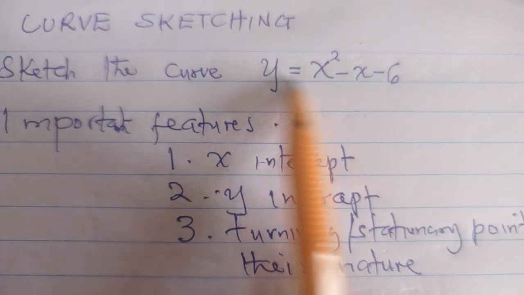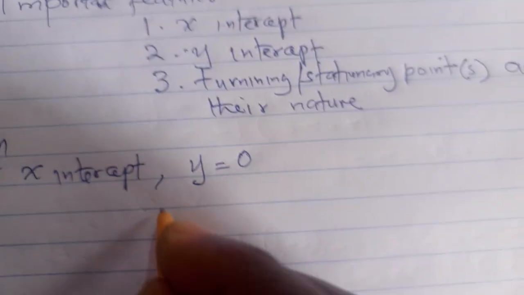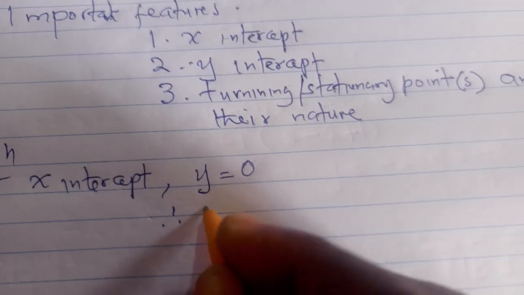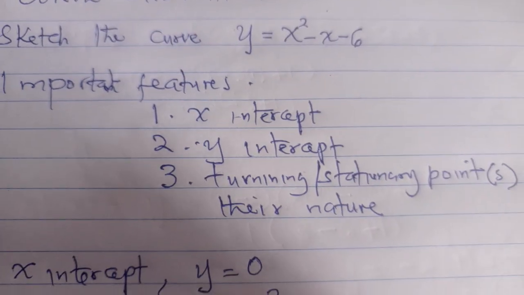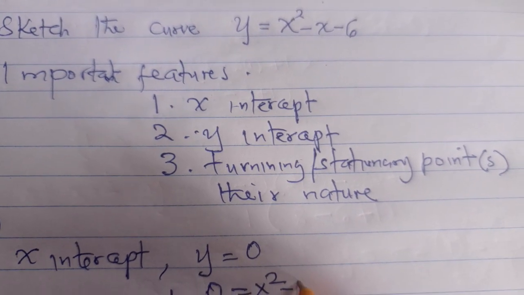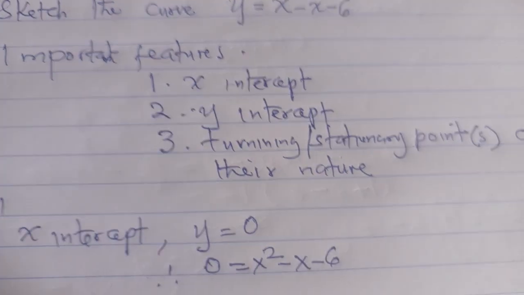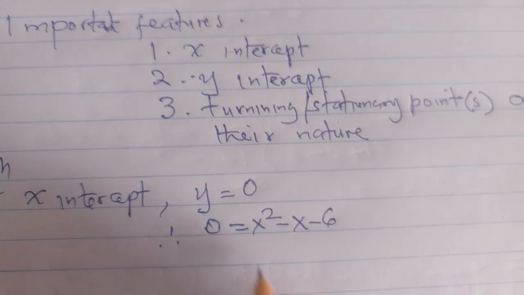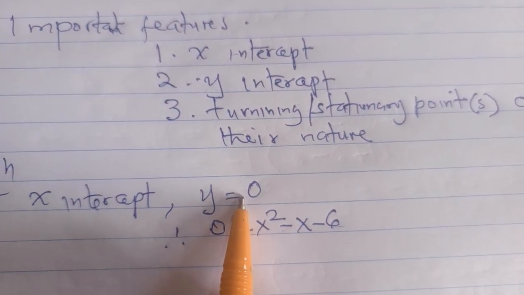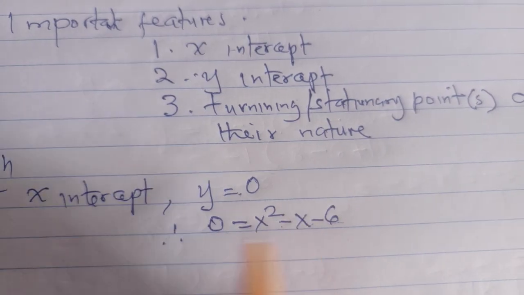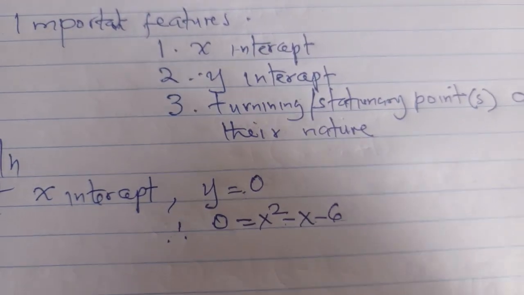So substituting in our function here, equation here, therefore we'll have 0 is equal to x squared minus x minus 6. Okay, so we are to find the value of x when y is 0, and that will give us the x-intercept, or intercepts if there are more than one.